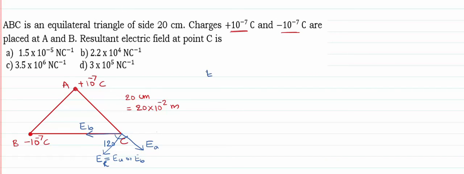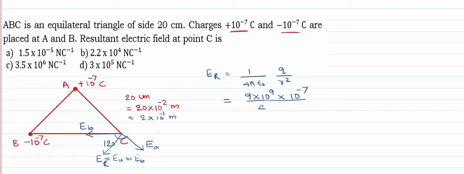So we find the resultant: 1 by 4 pi epsilon naught into Q by R square. If I simplify, 9 into 10 raised to 9, the charge is 10 raised to minus 7, and R is 20 into 10 raised to minus 2, or you can take this as 2 into 10 raised to minus 1.